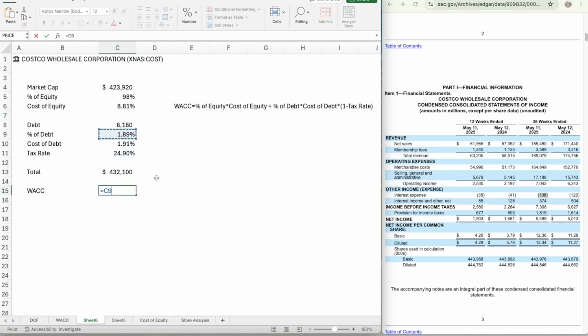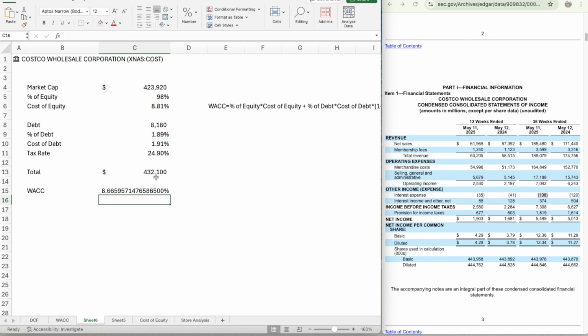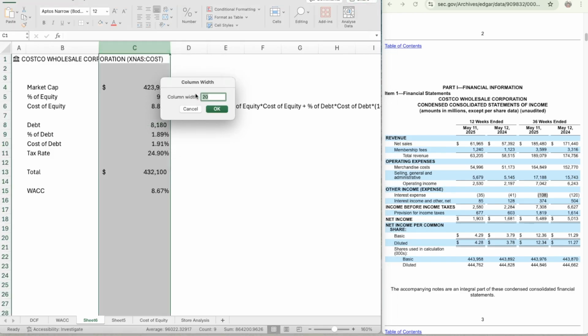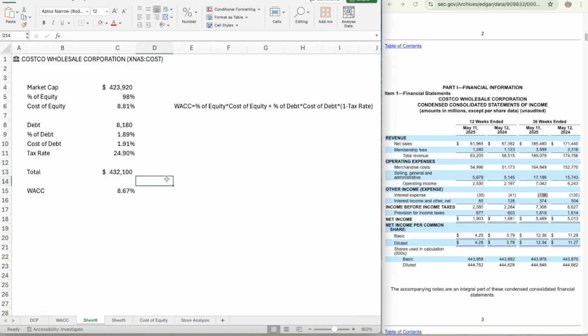Equals percentage of equity multiplied by the cost of equity plus the percentage of debt multiplied by the cost of debt multiplied by 1 minus the tax rate. And that will give us a WACC of 8.67%.